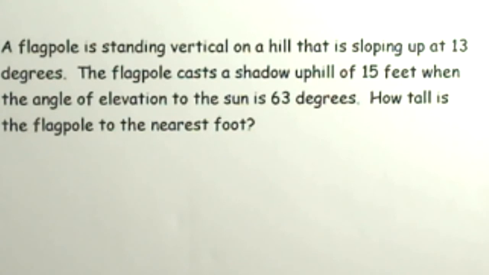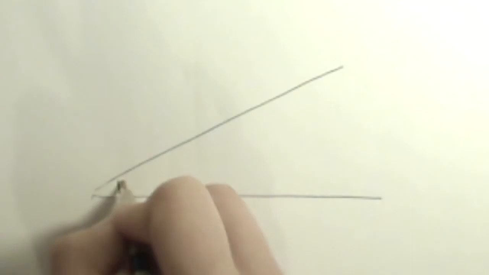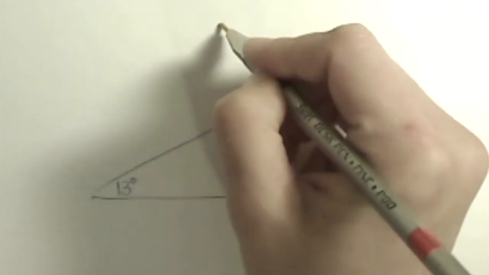So we have a flagpole, instead of a tree this time, standing vertical on a hill that is sloping up at 13 degrees. The flagpole is casting a shadow uphill of 15 feet, when the angle of elevation to the sun is 63 degrees, how tall is the flagpole? So let's draw a nice picture here. The hill is at 13 degrees.